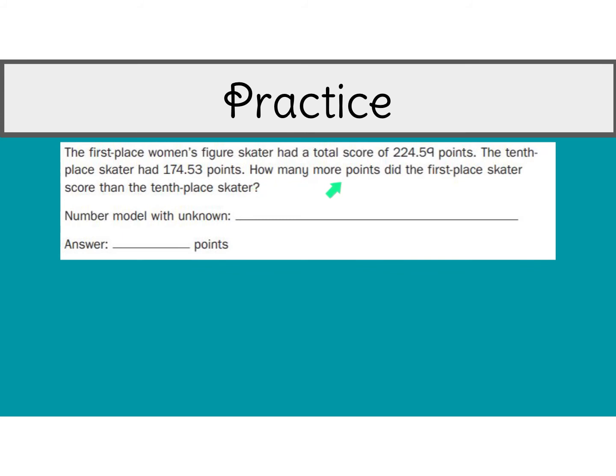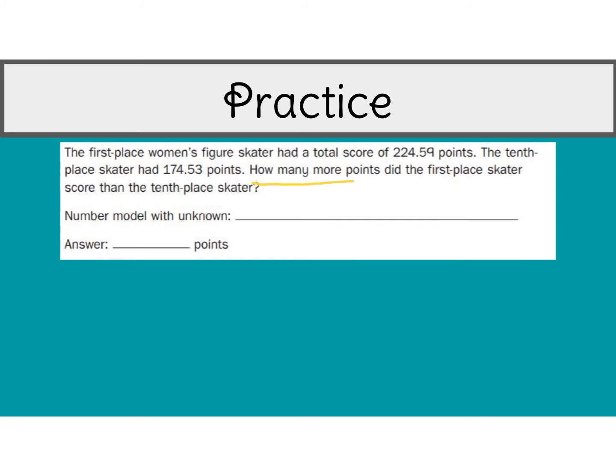How many more points did the first place skater score than the 10th place skater? So you may be thinking, the fact that it says how many more makes me think that I need to subtract, which would be my first assumption. So we're going to underline how many more.